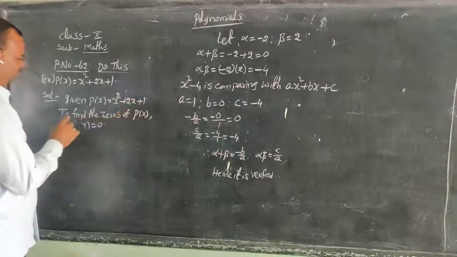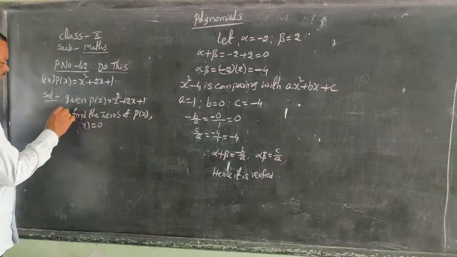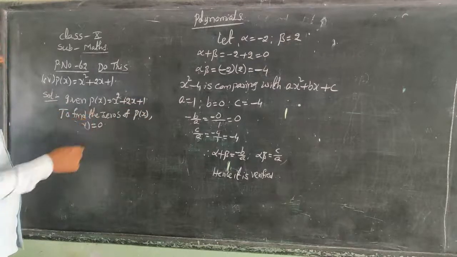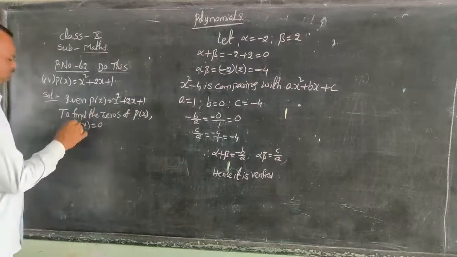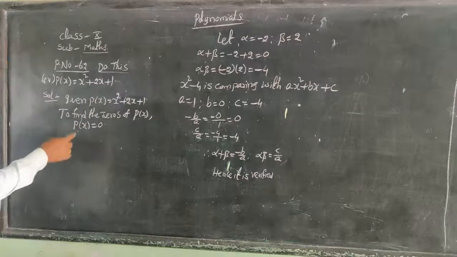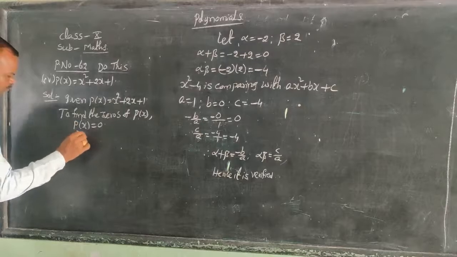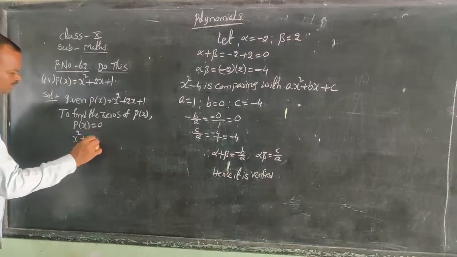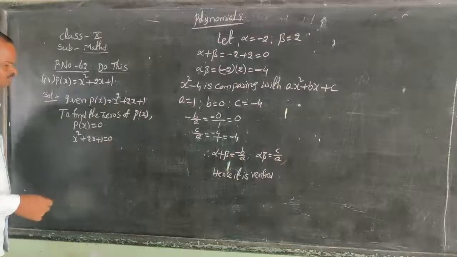The next step is to find the zeros of the polynomial. To find the zeros of p of x, p of x is equal to 0. That means x square plus 2x plus 1 is equal to 0.